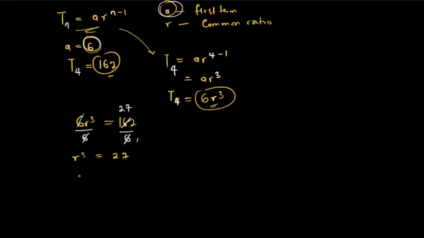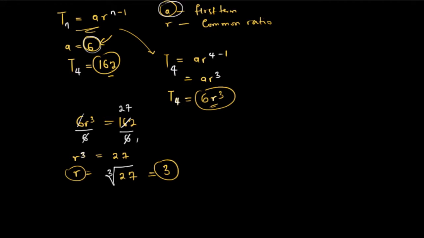So R is the cube root of 27. What number do you multiply three times to get 27? That is 3. So now we know our R equals 3, and our A is 6.